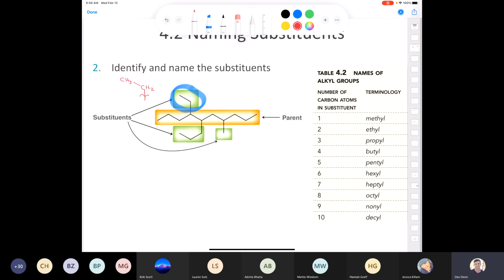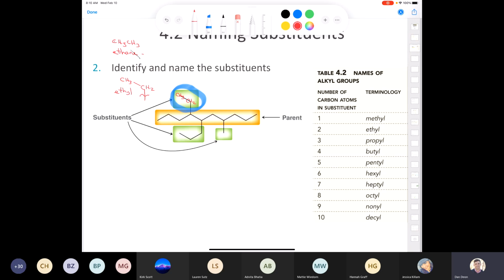That's what's inside the green box there that I have circled in blue. CH2, CH3. Well, if I had CH3, that's 2 carbons, that would be called ethane. And so what you do, you drop the E on the end and replace that with yl, so it would become ethyl. So this is an ethyl group.